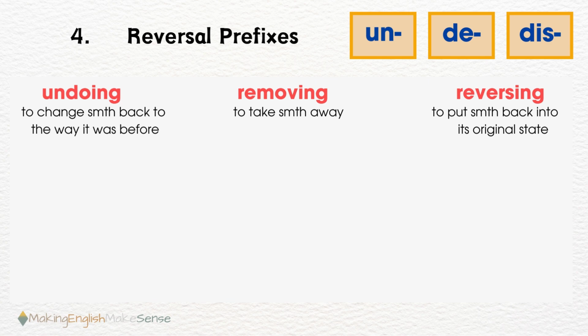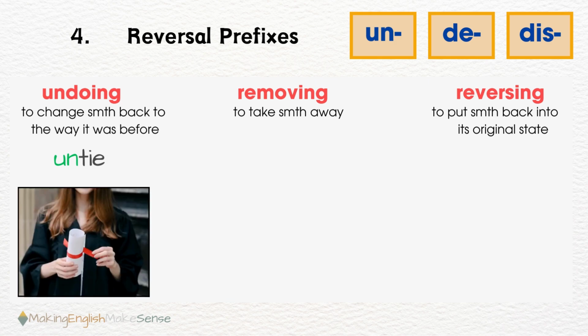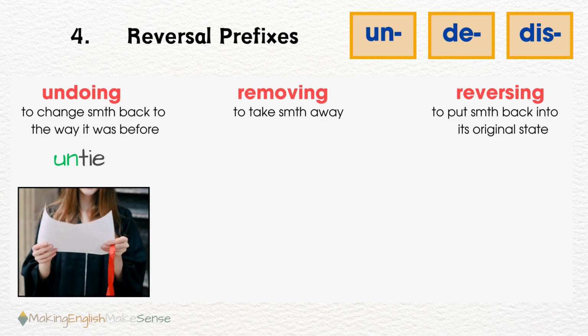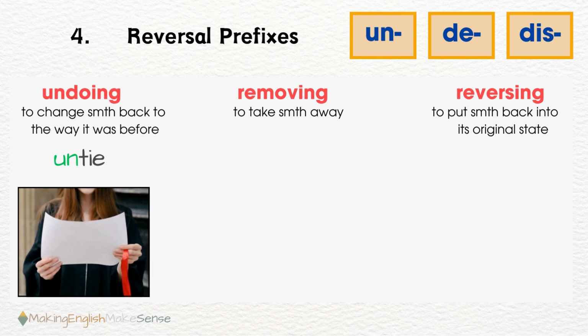Undoing means changing something back to the way it was before. The prefix un in the word untie shows this idea. If you take a piece of ribbon, tie it into a knot, and then untie it, you're undoing or canceling the action of tying.